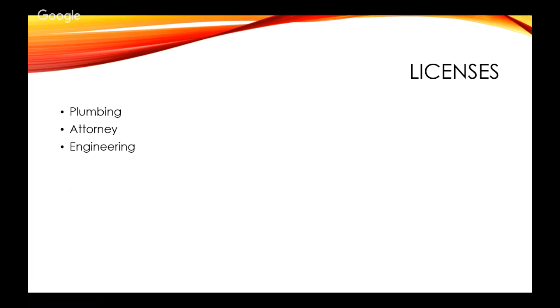Licenses. Licenses are used only in certain circumstances. Certain licenses that you may have are a plumbing license for your company or an engineering license for your company, even certain attorneys' licenses.